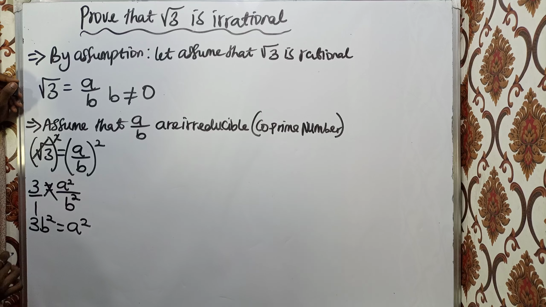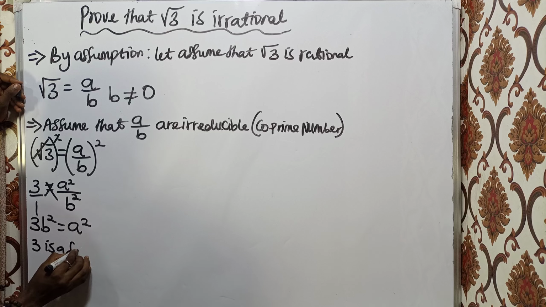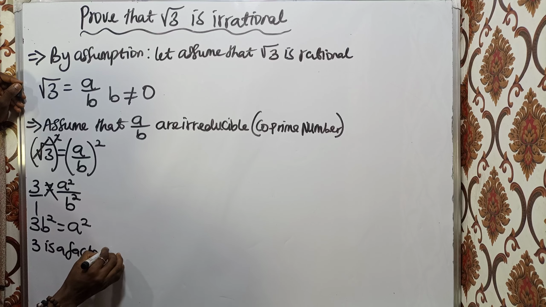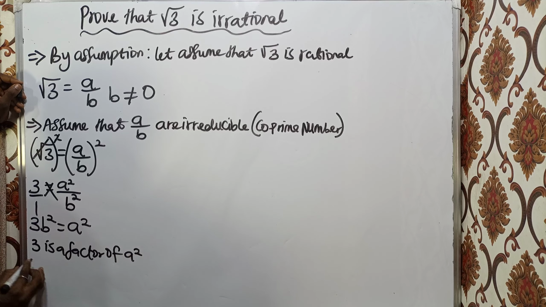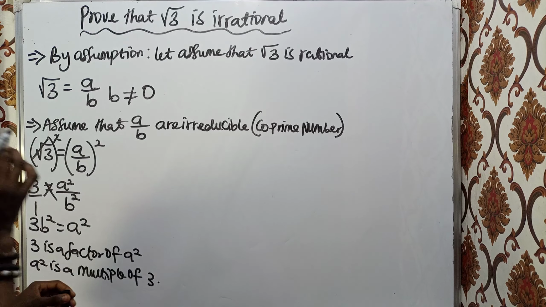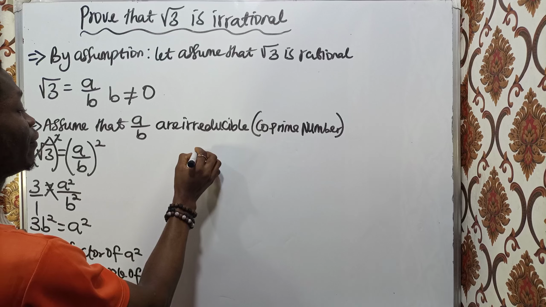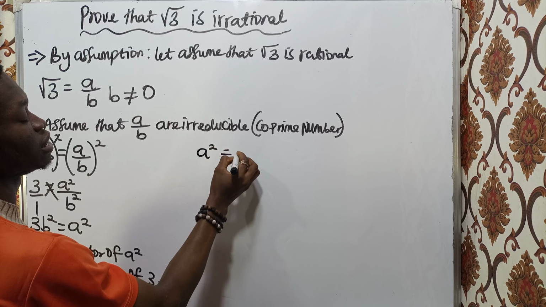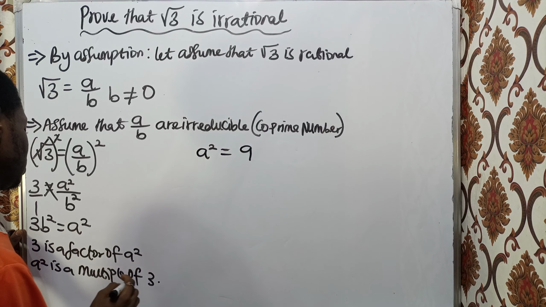So what does this mean? It means that 3 is a factor of A squared. And A squared is a multiple of 3. So let me explain this here. For example, I have that A squared is equal to 9. You understand?